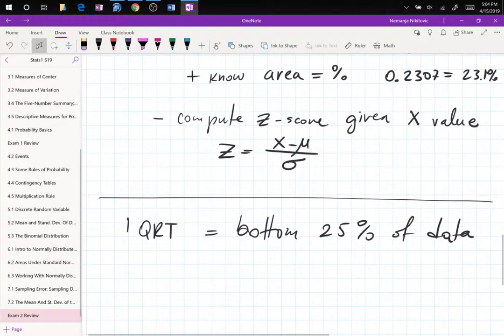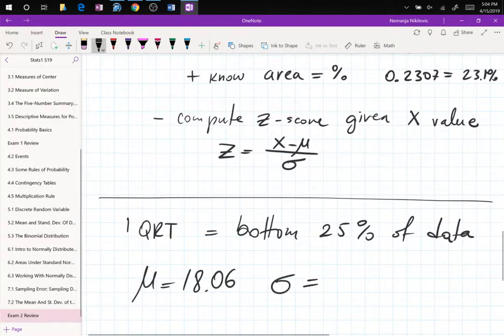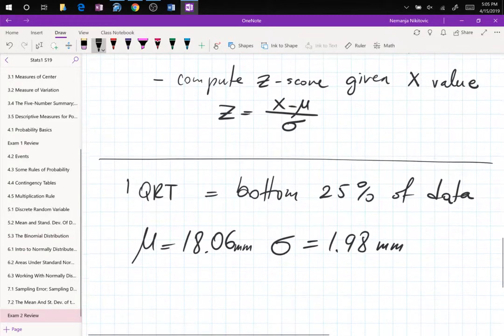So what does it say? It says, according to a recent study, the lengths for adult males of a certain species of tarantula are normally distributed with a mean of 18.06 millimeters and a standard deviation of 1.98 millimeters. And then complete parts A through B. All right. So we have the mean and the standard deviation.